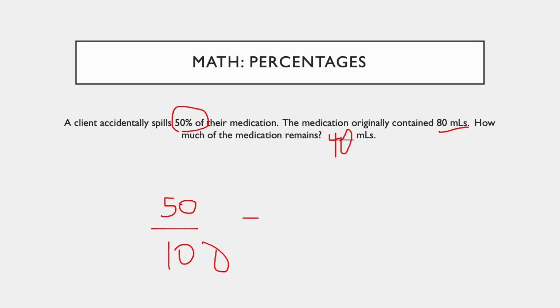That's my equal sign, sorry, which is the is over of method. So is would go here, and then of would go below. So 50% of 80 milliliters is how much? And then you would simply cross multiply.